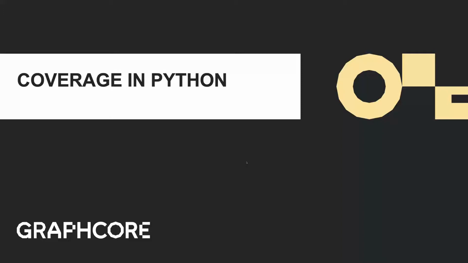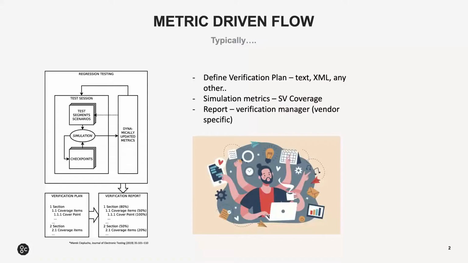Thank you, Mike. Hello. Like you heard, my name is Svet. I've been at Graphcore for the past 4 years, and I'll just give you a brief talk. I should have spent a little more time coming up with a smarter title, but there we are. So what do we typically do in verification, and where does coverage fit in?